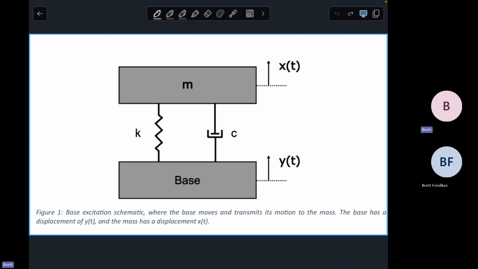This is what's going to be exciting the system. We only care about the mass in motion, but this external thing is providing a force to the mass that causes it to deflect. And again, in real life, you don't see this. You don't see a base attached with a spring and a damper to a big mass, but we represent things using this model, which is why it's important.